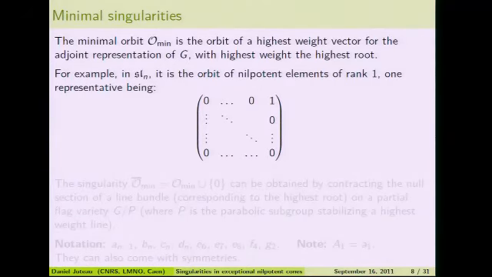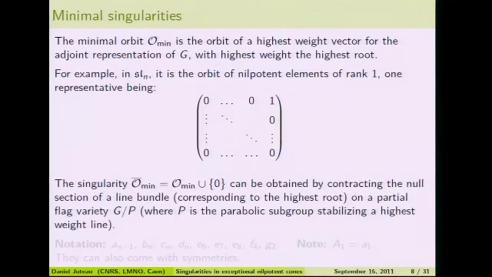And in all types, it has a very nice description. If you look at the closure, you just add the trivial orbit. And there is a resolution obtained like this. You have some G/P, where P is the stabilizer of a highest weight line in the adjoint representation. You have some line bundle on this. And if you contract the null section, you get exactly the minimal orbit closure.